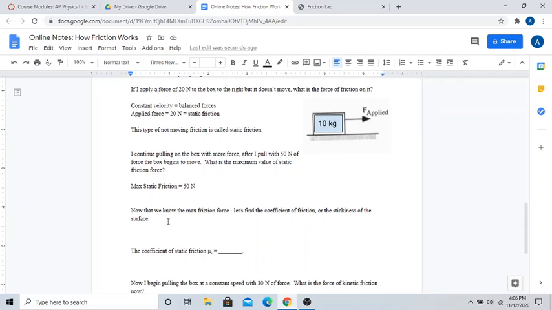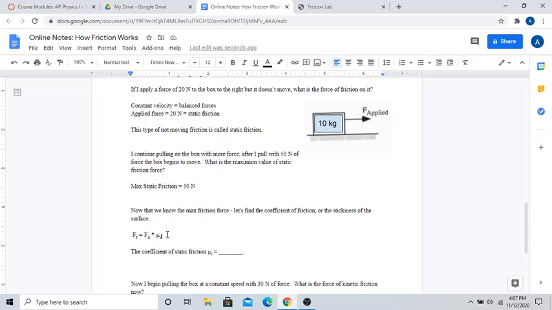What's nice is that I want to find the stickiness. If you know the max static friction force, you don't have to use that weird inequality anymore. You can say this is now equal, because that is the highest value it's going to be. Using our formula, the force of static friction is equal to two things multiplied together.